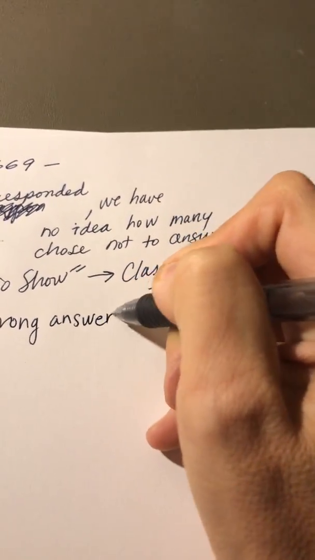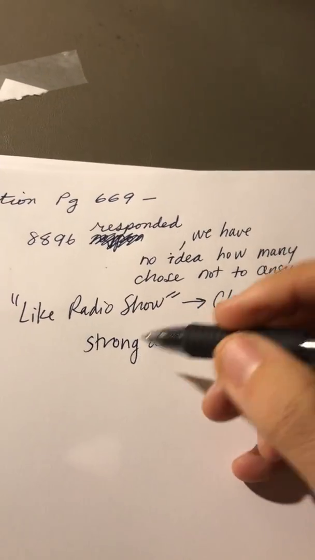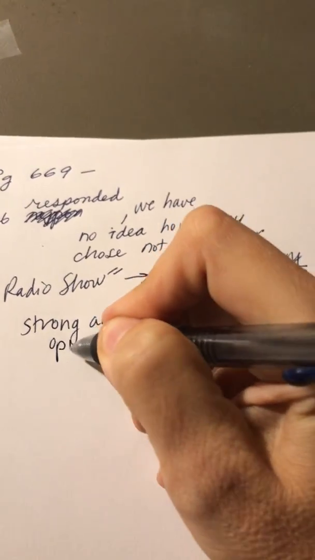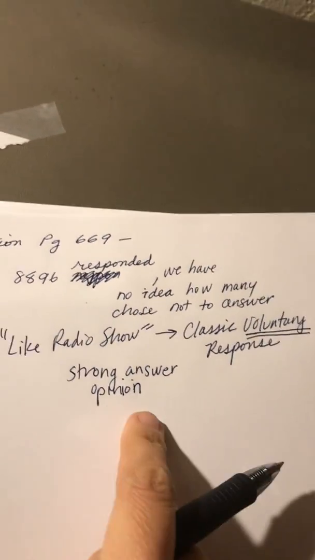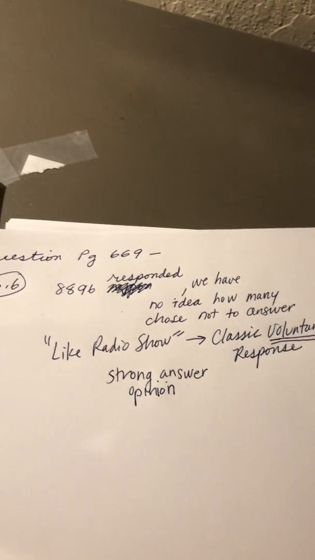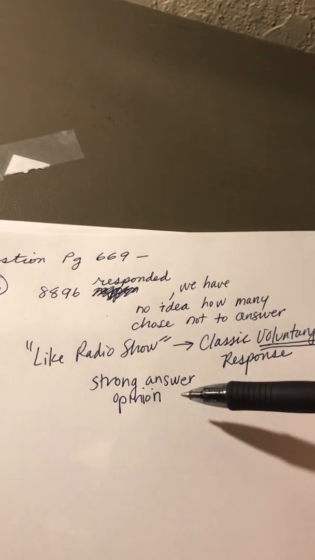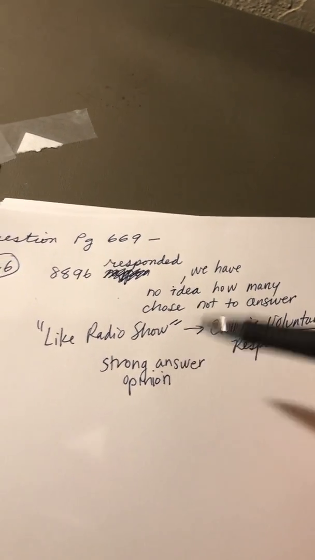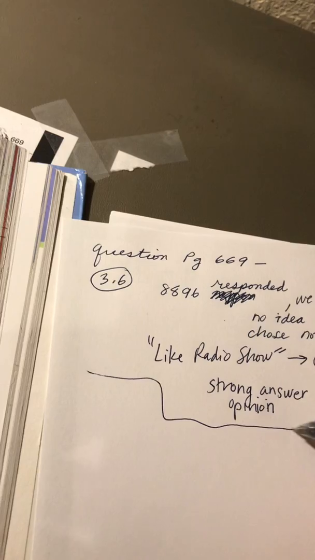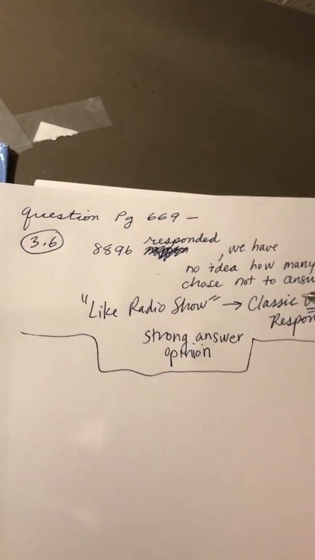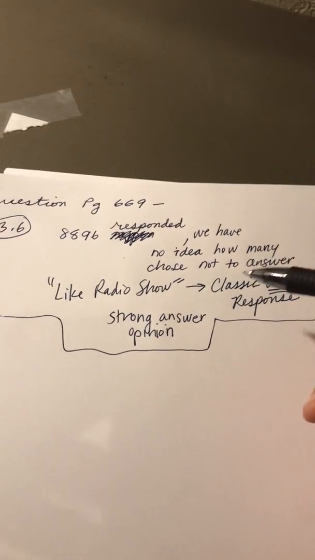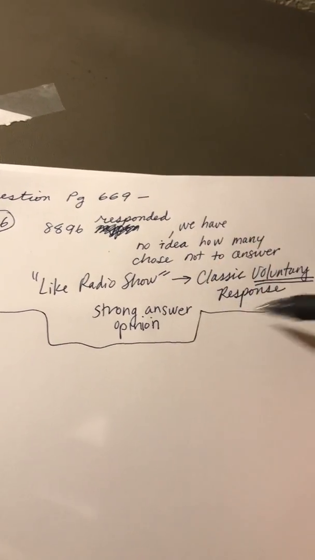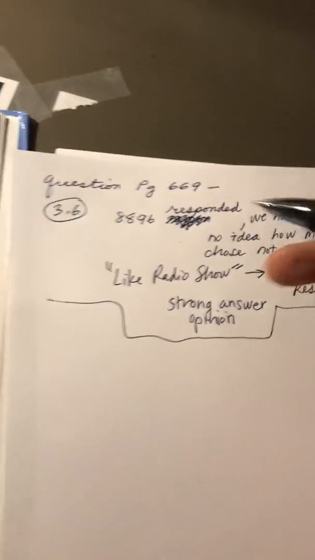Whether that means they really, really like it or really, really don't, strong opinions choose to answer. So you're not getting the voice of the public, you're getting the voice of the really, really angry and the really, really happy. You want to use that when you're a waitress and your comment box has a bunch of negatives in it. You want to say, this is a voluntary response situation.